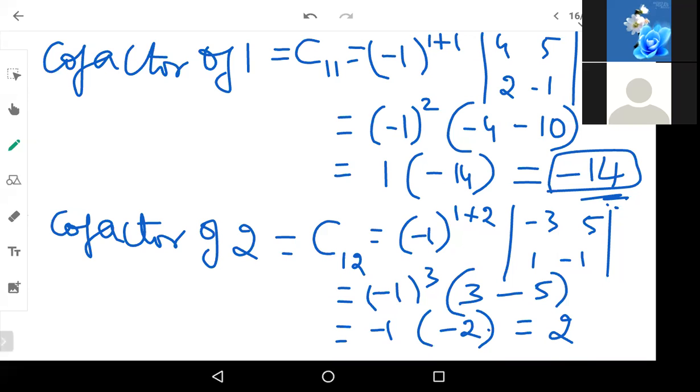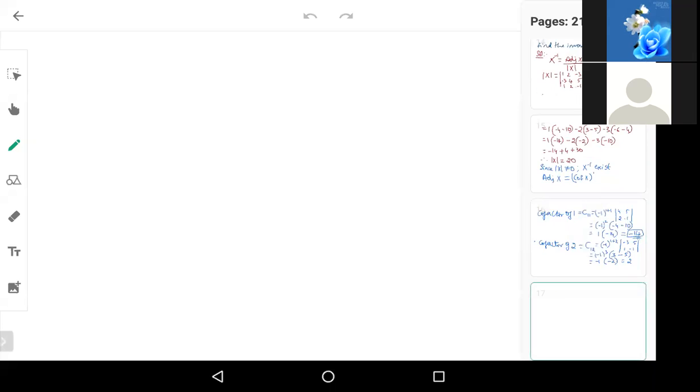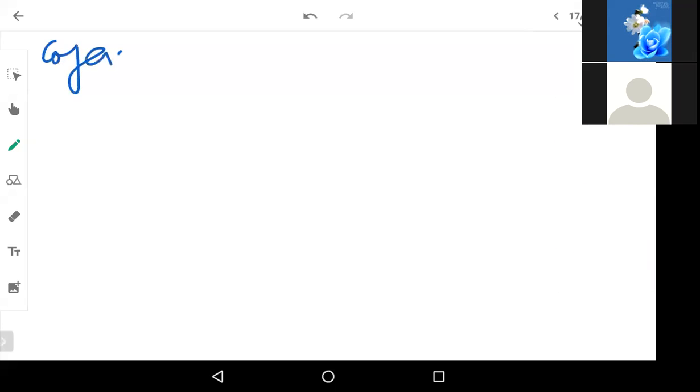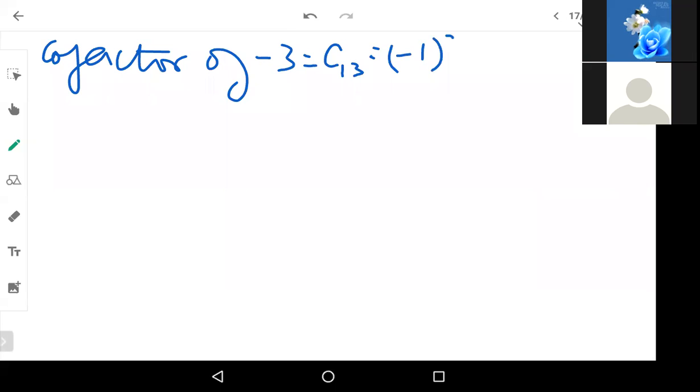Okay. Now, next cofactor. Quickly. Cofactor of minus 3, first row, third column, minus 1 to the power 1 plus 3, into what is the minor?